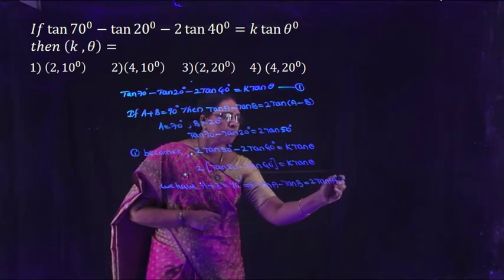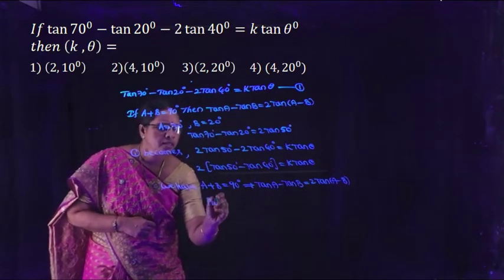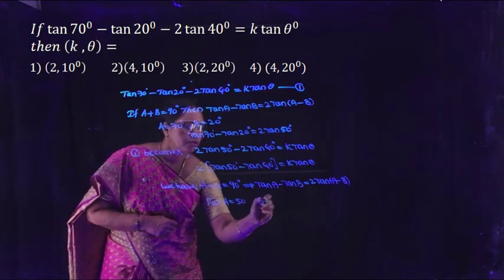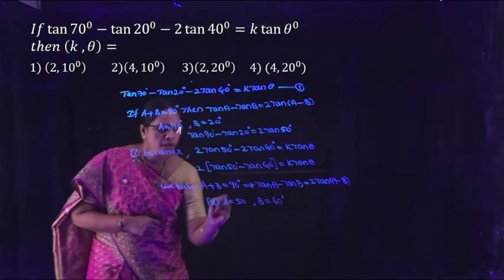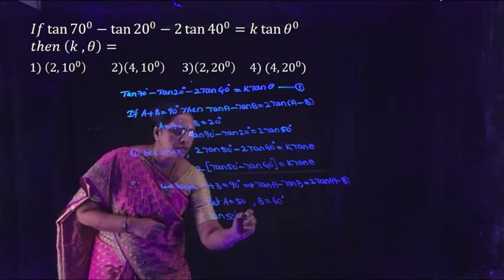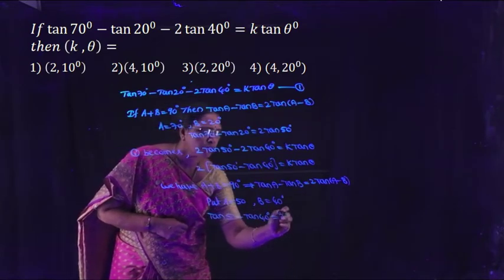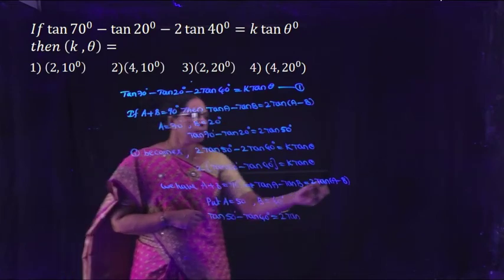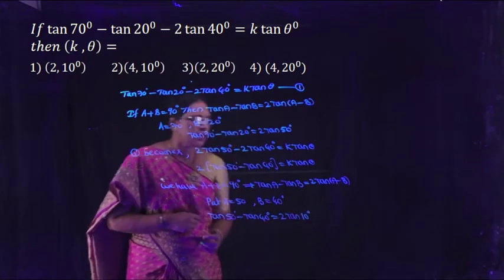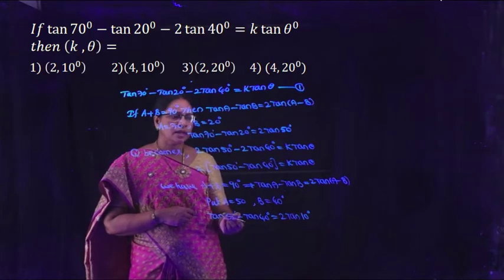Here by substituting a is equal to 50 degree and b is equal to 40 degree, we have tan 50 minus tan 40 degrees is equal to 2 tan a minus b. A minus b is 50 minus 40, that is 10 degree. Here tan 50 minus tan 40 is 2 tan 10 degree.